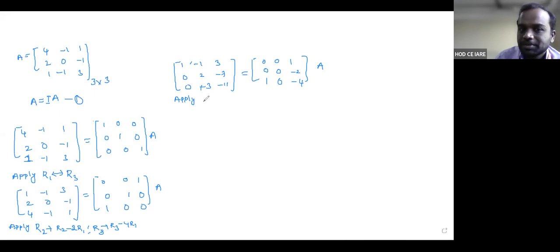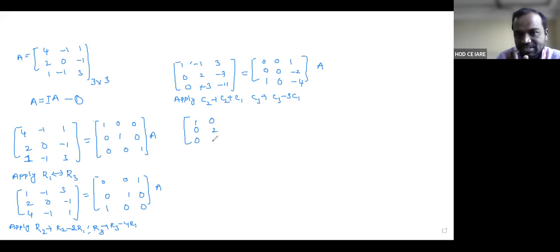Applying C2 change to C2 plus C1. Next C3 change to C3 minus 3C1. You get the values 1, 0, 0 and 0, 2, 3, 0 and minus 7, minus 11.